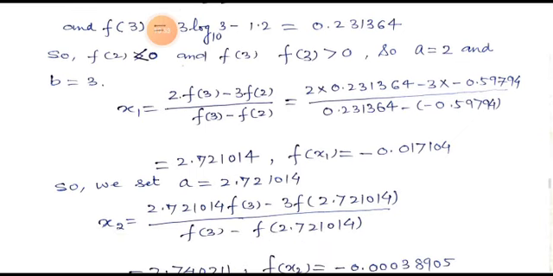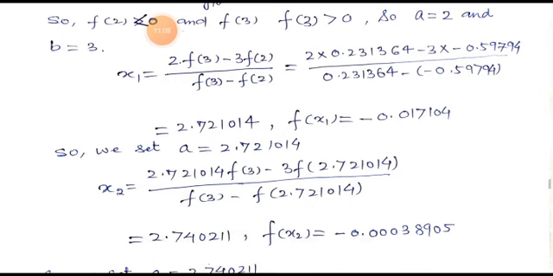So we set a equal to 2.721014. At this point the function gives a negative value and at the next one the function gives a positive value, so the root lies in between these two.